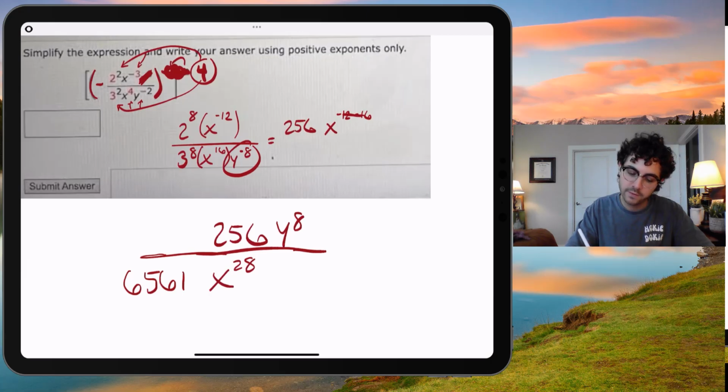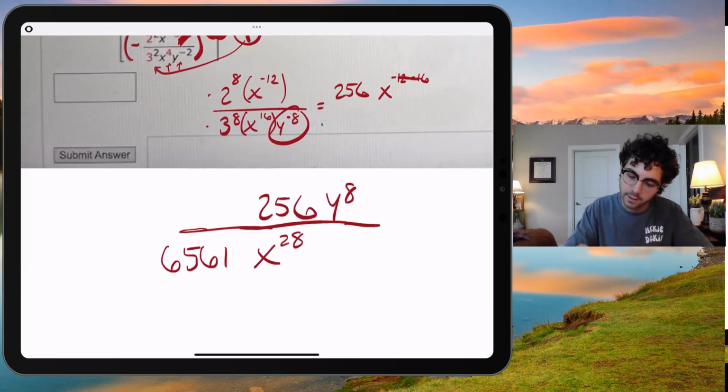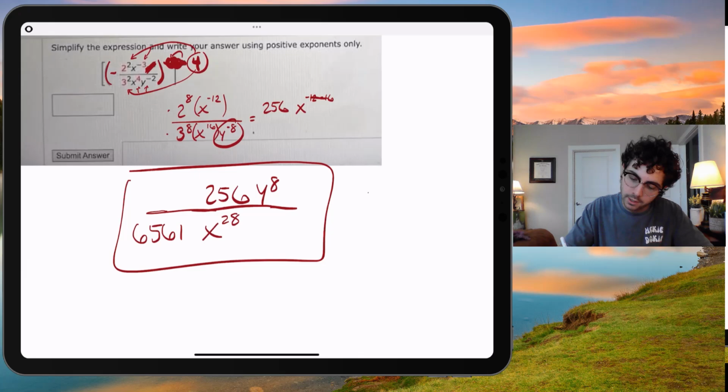I don't think 256 over 6561 could simplify because they have all different factors. If you have 2's on top and 3's on the bottom, there's no canceling anything out, right? So I think this is our final answer. It's a little lopsided, but 256 y to the 8th over 6561 x to the 28th power.